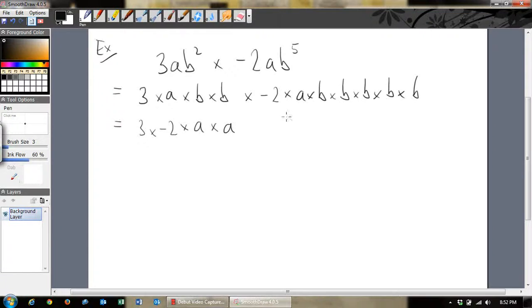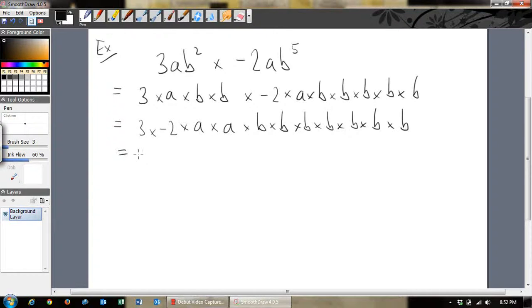So it'll be a times a times, and then we're going to do the b's. We've got b times b from here, and then we've got these 5 times b, so times b times b times b times b. Is that enough? One more, times b. Okay, so just rearrange that, and now let's sort of just put things back into place.